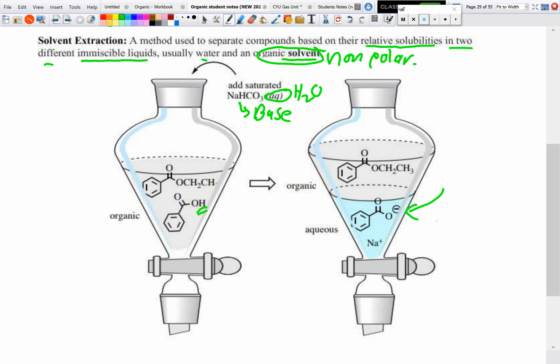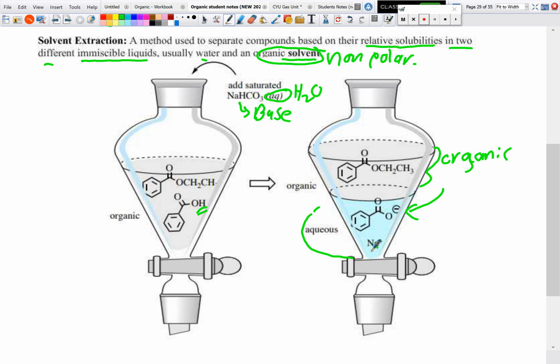After we mix the two, we'll notice our organic layer is up at the top right here, and this is our aqueous layer right here. Our aqueous layer, water being extremely polar, is going to dissolve all the polar things. In this case we have our ion, the sodium ion, and because it's negatively charged, all of our polar stuff is going to get drawn into this aqueous layer.